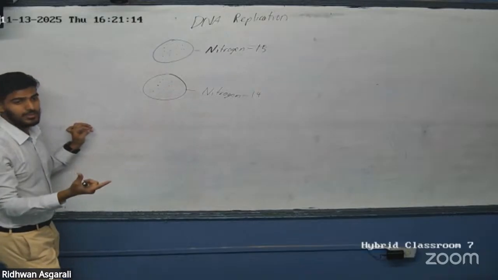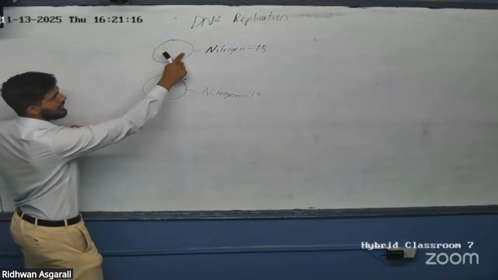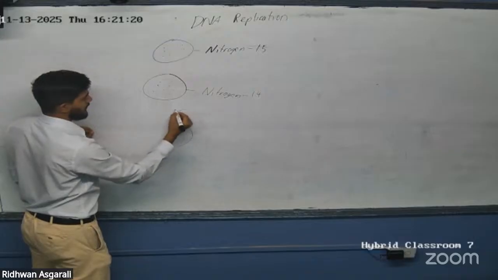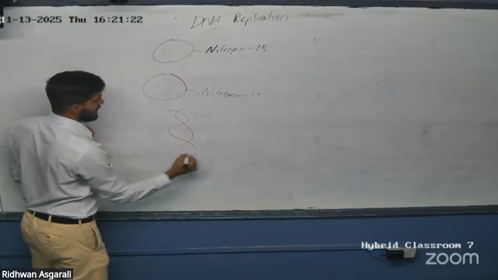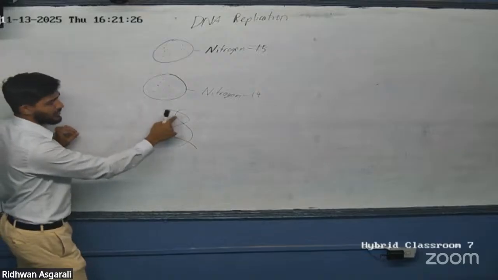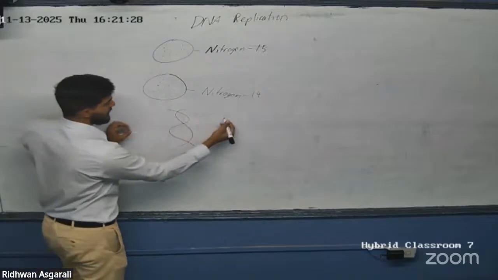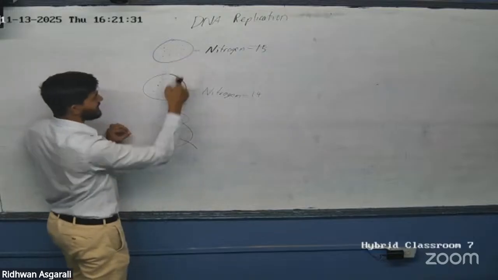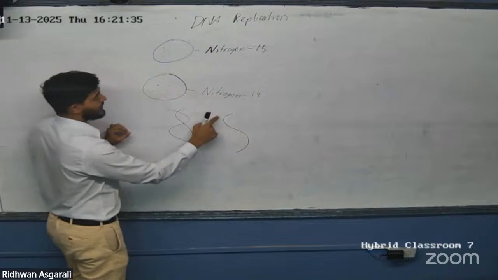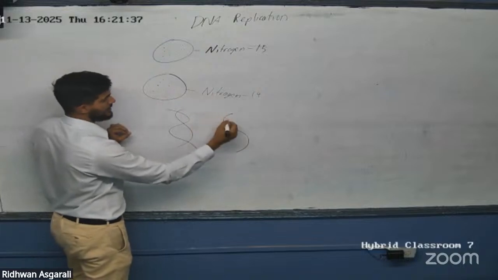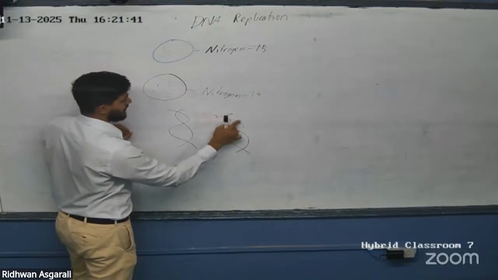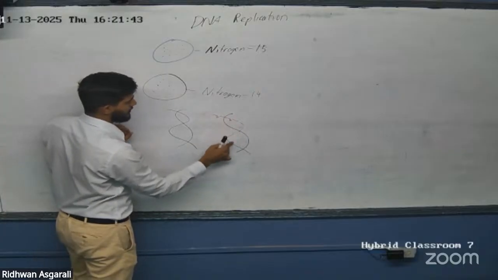Nitrogen 14, right? So all the E. coli on this first plate would have DNA that looks like this, nitrogen 15 on both strands. When you take some of that and put it here, you notice one strand is nitrogen 15, and the other strand is nitrogen 14.